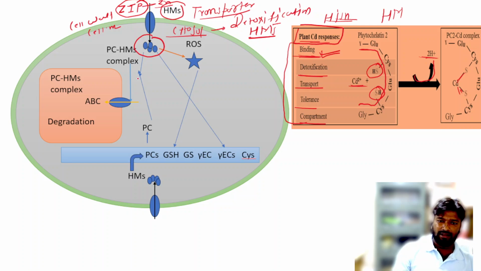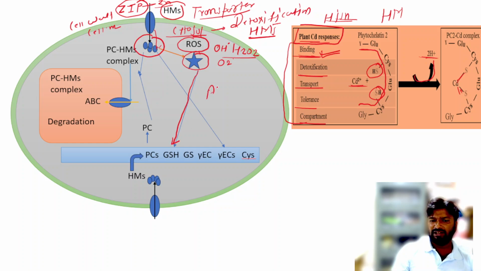Okay, so when heavy metals are transported to the cytosol, there will be an accumulation or production of reactive oxygen species like hydroxyl radicals, peroxides, and superoxides. So there will be production of ROS, and this ROS can directly increase GSH production, which is also an antioxidant.